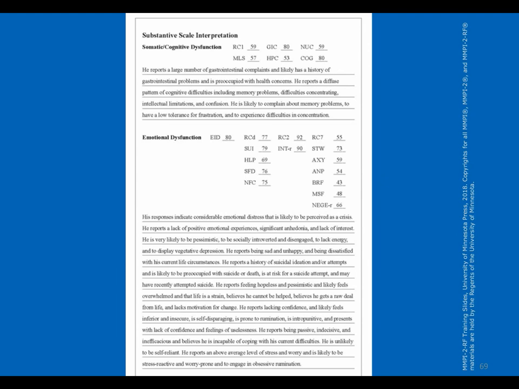Again, stress, worry, and negative emotionality are the only ones that are elevated, so we're going to end the interpretation of the emotional dysfunction domain by reporting those scores. He reports an above average level of stress and worry and is likely to be stress reactive and worry prone and to engage in obsessive rumination. So we have both interpretations of RC7 and negative emotionality there in that last sentence.